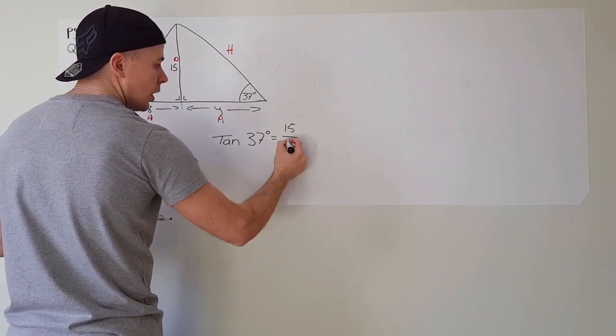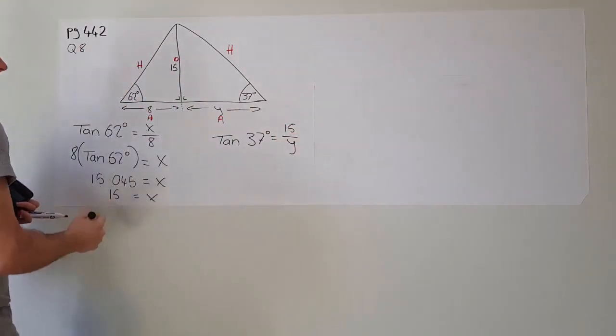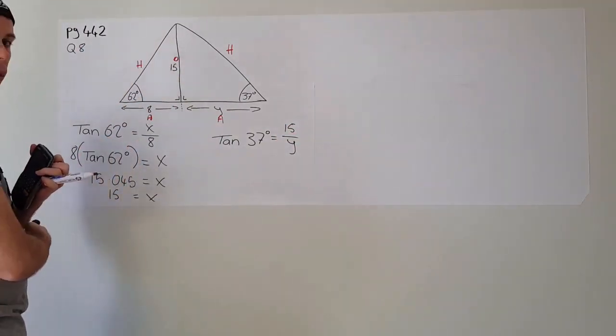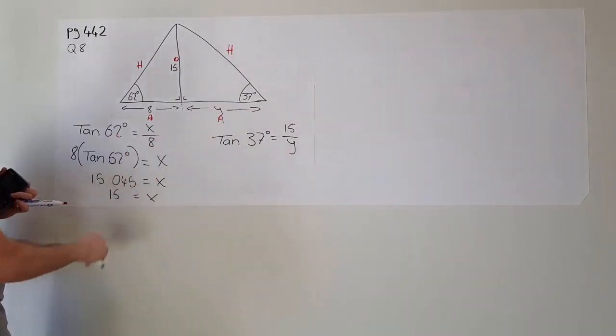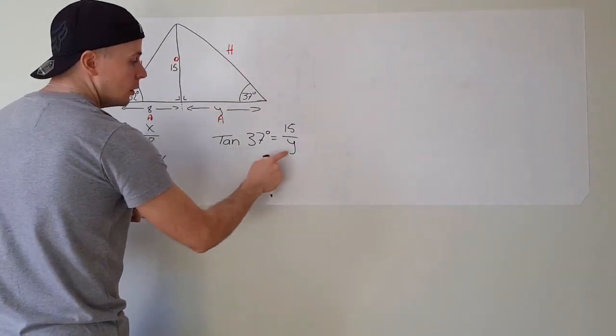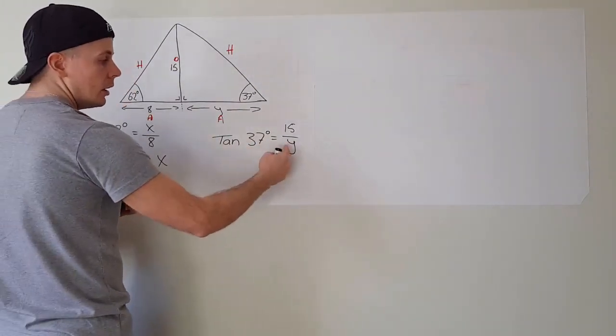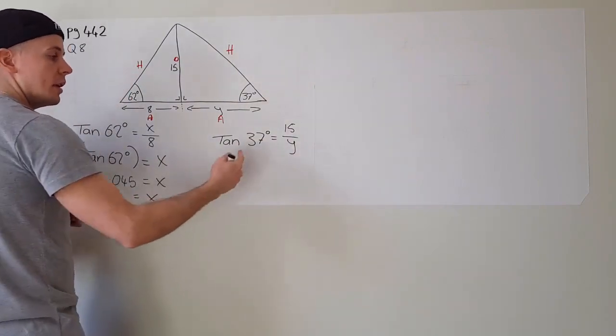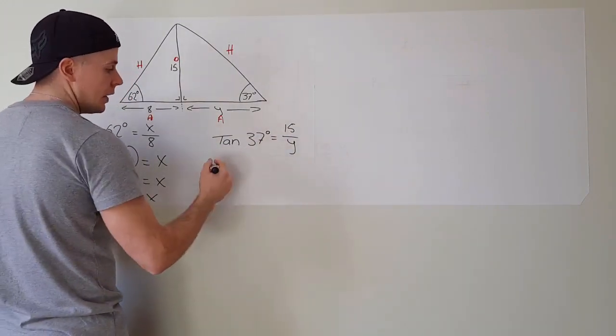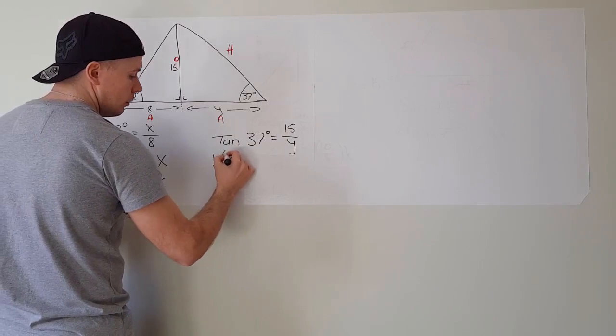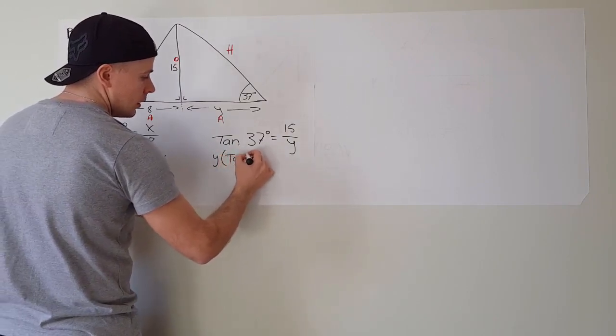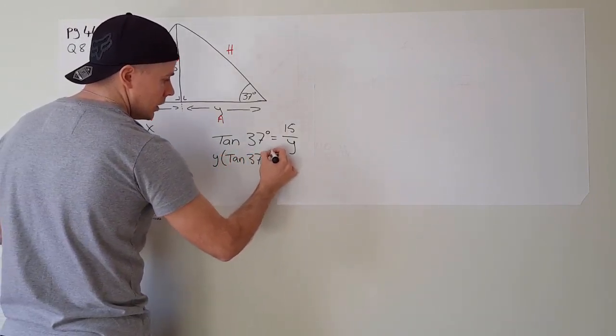Alright, extra step this time because your unknown is in the denominator, you have to do an added step for this one. Multiply both sides by Y to isolate the Y out of your fraction. So we're going to get Y multiplied by tan 37 degrees.